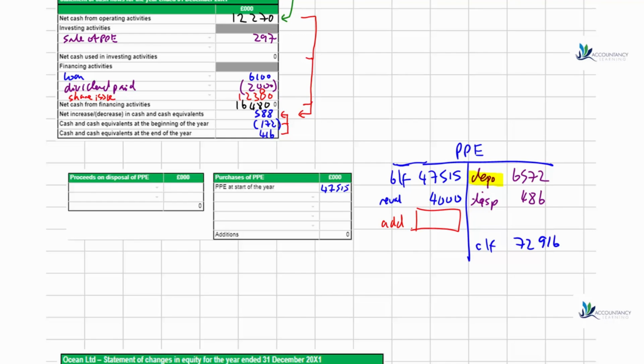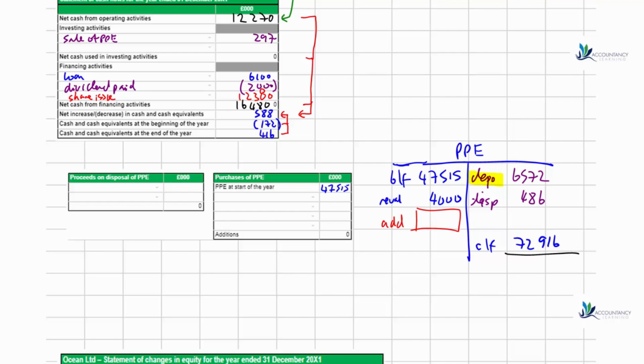So typically the question will either give you the depreciation number and you've got to work out additions, or the question will give you the additions and you've got to work out depreciation. So in this case, they've given us depreciation, we need to work out how much money they've spent on buying additional new assets.